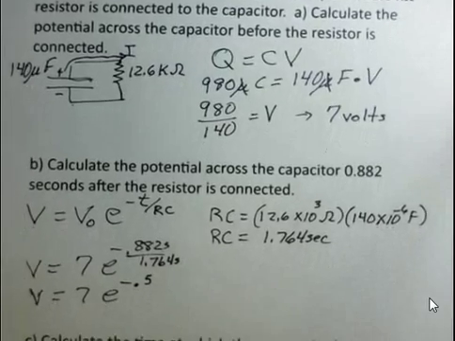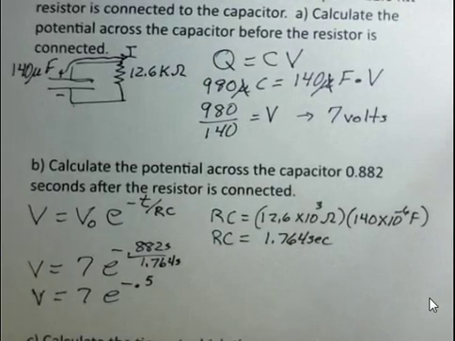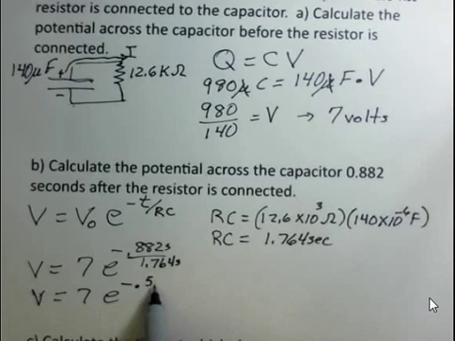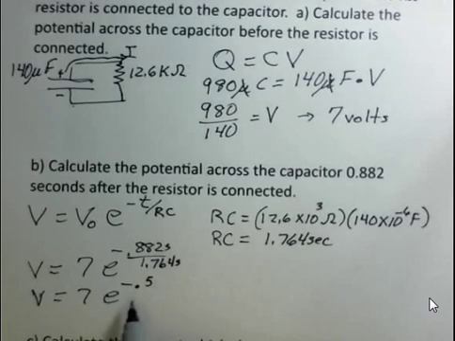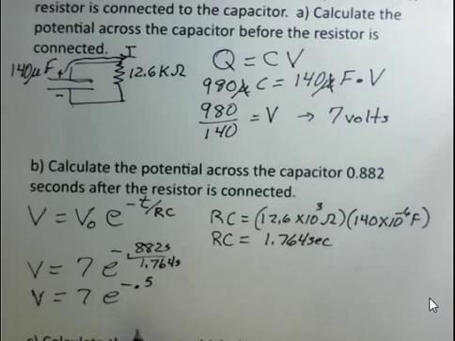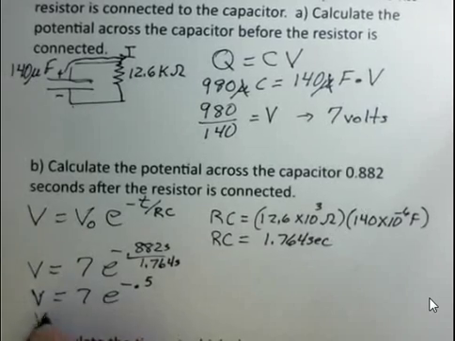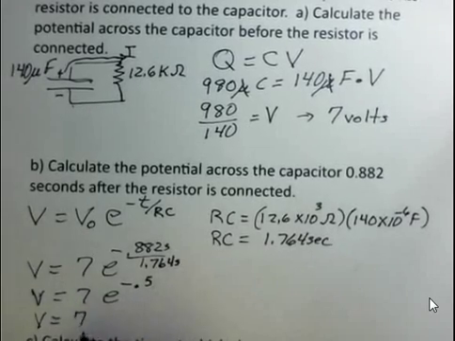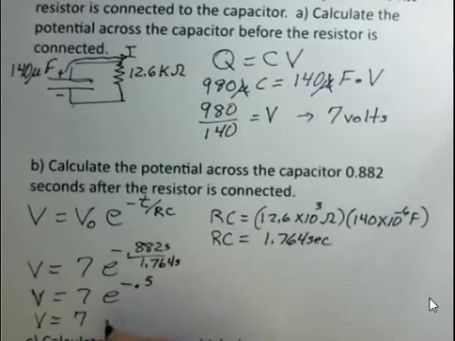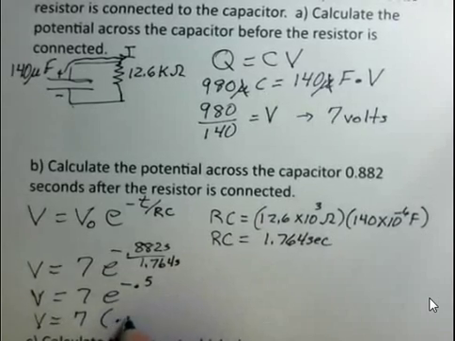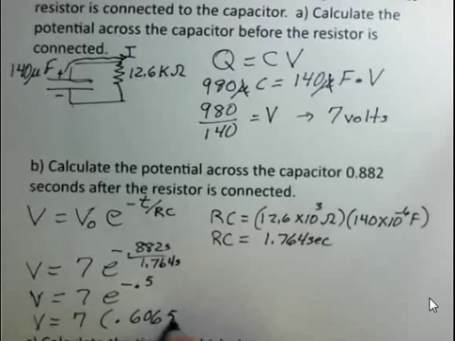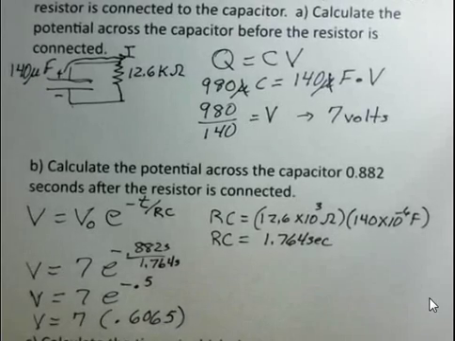So we obtain that, and then evaluating e to the minus 0.5, you need to deduce how your calculator handles this. On the calculator I use, I put in the minus 0.5 and then activate e to the x. But when you do that on your calculator, you should obtain 0.6065 for the value of the exponential.